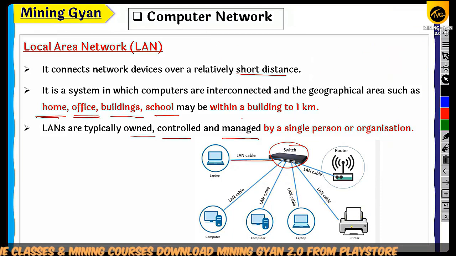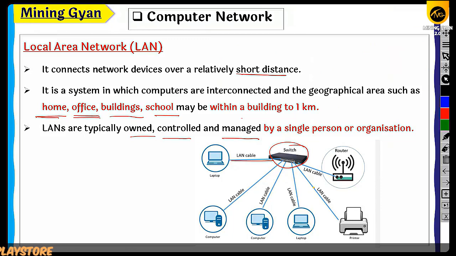There is also a printer connected using a LAN cable, and there is the router. The router can allow the signal within this network. This is the local area network.